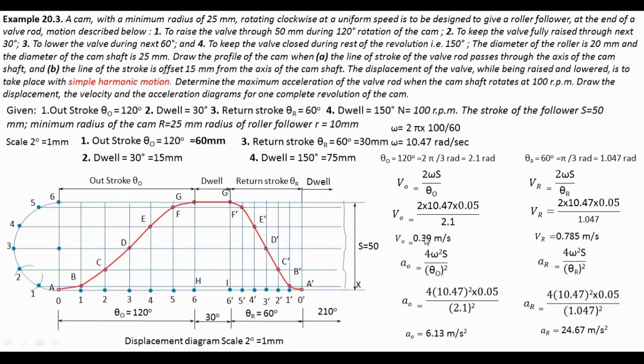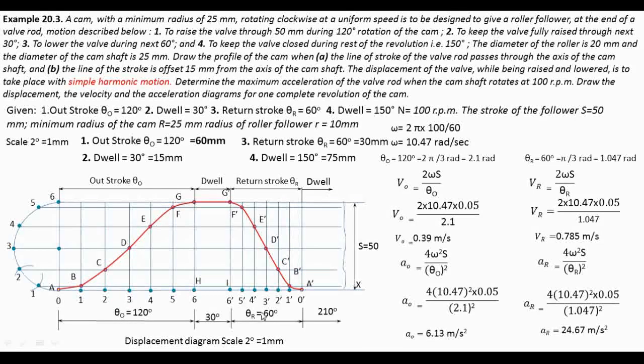Here you can observe that the velocity and acceleration during return stroke are comparatively more than during outstroke. During outstroke the displacement is over an angle of 120 degree, so the time required is more, and that is why the velocity and acceleration are both less.